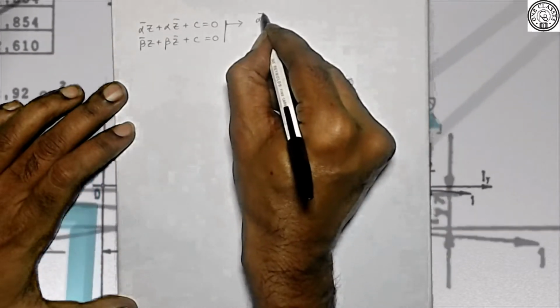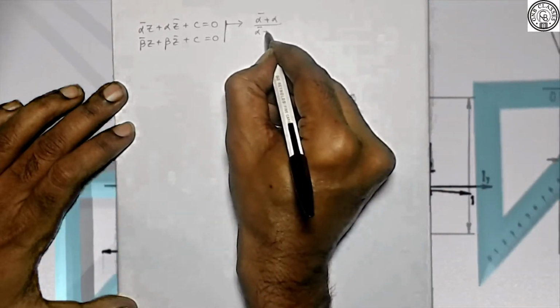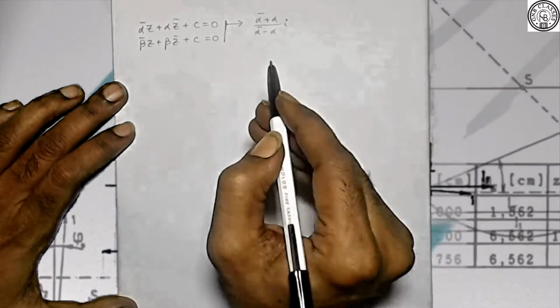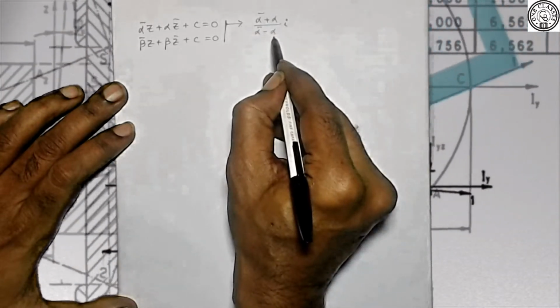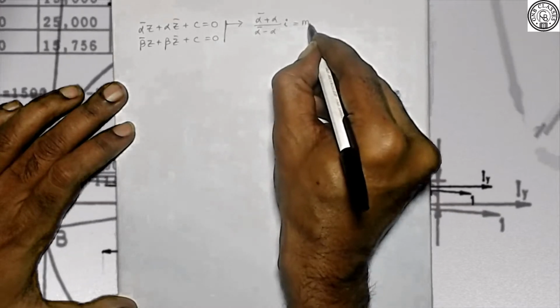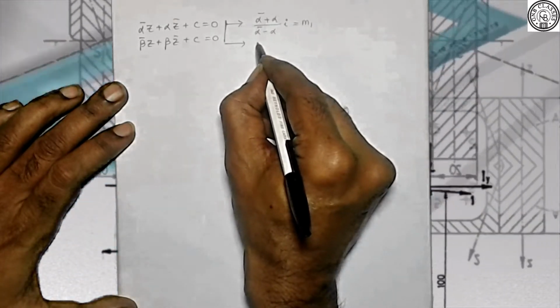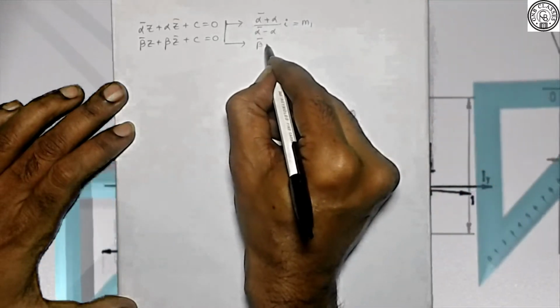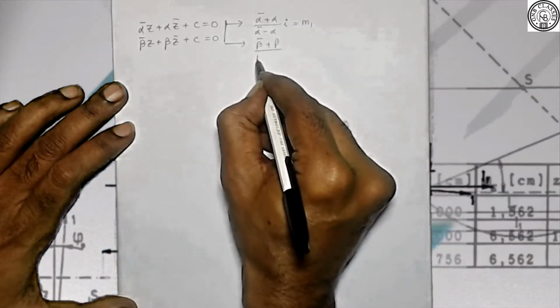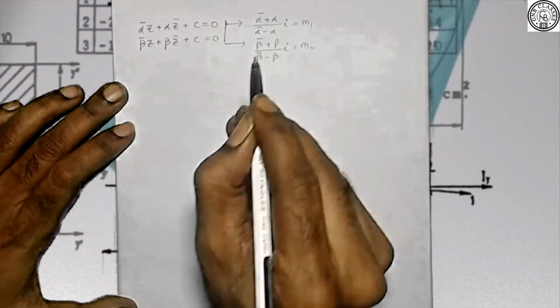It will be alpha bar plus alpha by alpha bar minus alpha into iota. This is actually the slope of the straight line in the Cartesian form. This is the slope m1. And what is the slope m2? This will be beta bar plus beta divided by beta bar minus beta iota, and that is your slope m2.